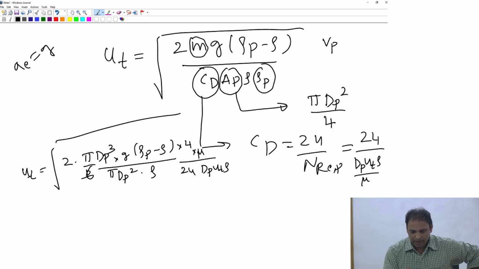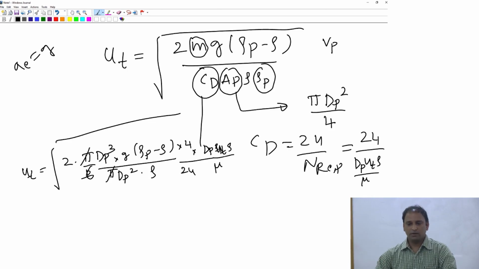So therefore, I can cancel these two here. Okay, I think I've made a mistake. This is going to be dp here into ut here into rho divided by mu.